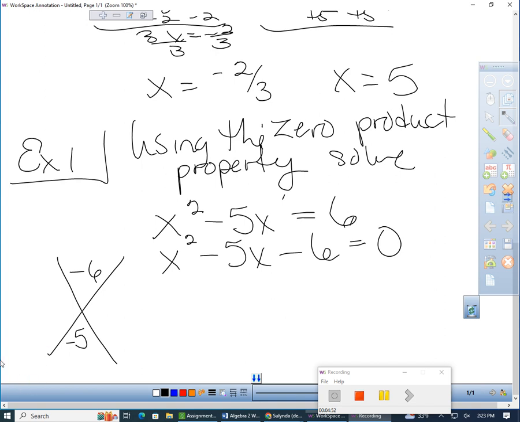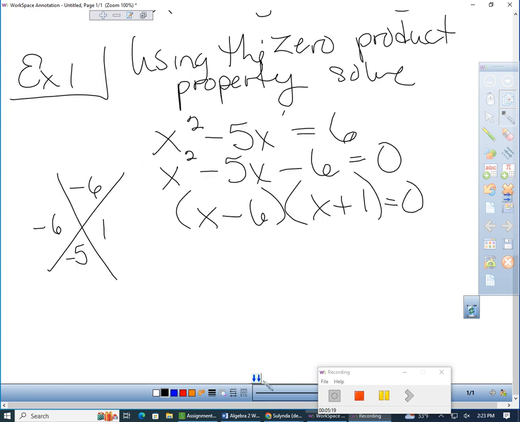Good try. If that was a positive 6, I'd completely agree with you. Negative 6 and 1, I agree. Negative 6 and 1. So now my leading coefficient is the one I can draw or write my factors, x minus 6 and x plus 1. Now, at this point, I have my factors. Any factor with an x in it, I set equal to 0.